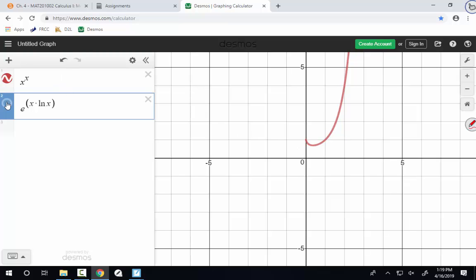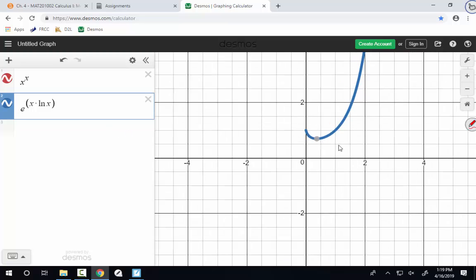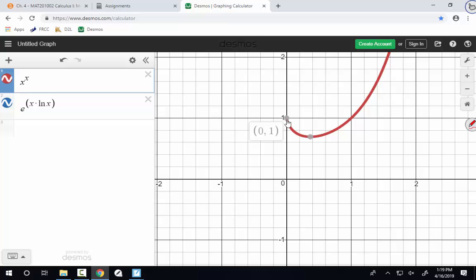So either one we look at, it's the same function. I don't know if this will tell us, but notice this says it's the point 0, 1. But we know there's an actual hole there.